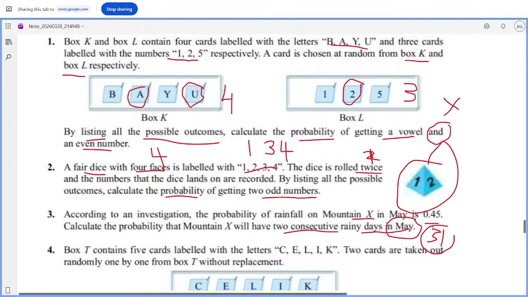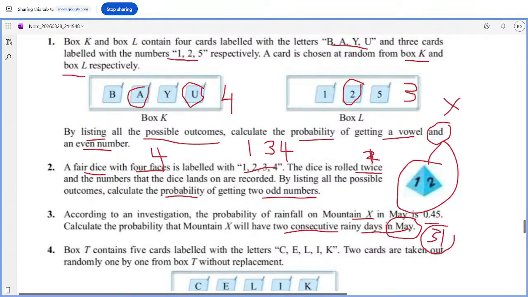Wait, guys, let me think. 2 consecutive rainy days. They say the probability of rainfall on mountain X is 0.45. So 0.45 is for any day. One day is 0.45.